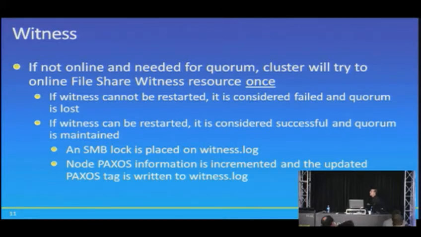And the locking node is the one that, when in communication with the other survivors, has quorum and maintains the majority. If it can't be restarted, it's considered failed, quorum is lost, and the administrator has to intervene. But as long as the witness can be restarted and used for that locking node when needed, life will be good, quorum will be maintained, you'll get that lock, and when the lock's no longer needed, it'll be released.